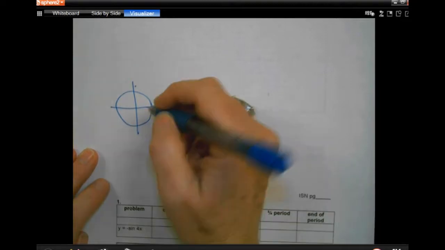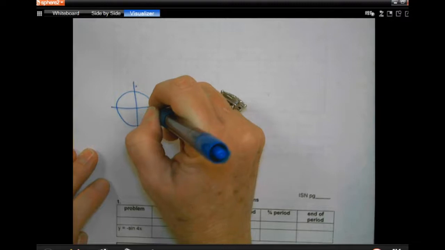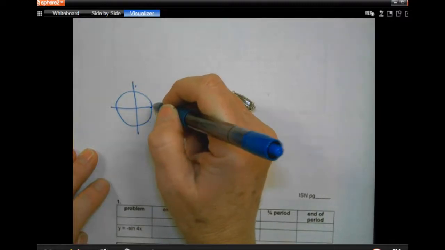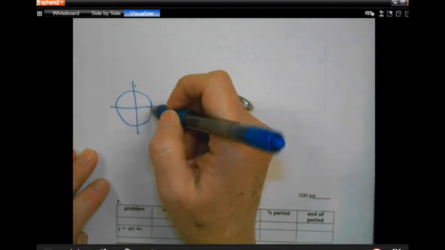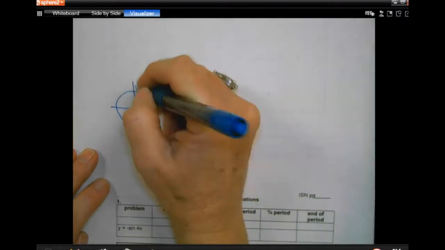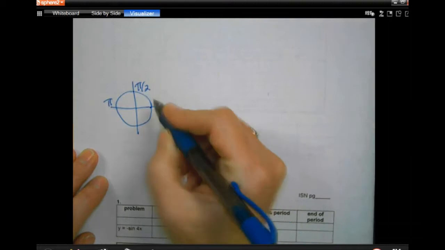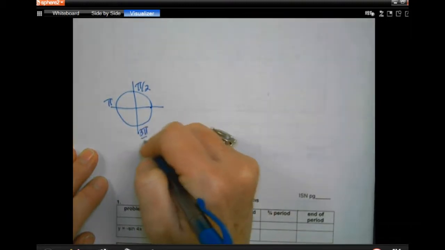First of all, on the unit circle, just the unit circle, I want to know what are the quadrantals. So the first one is 0. No, it's not 1. It's 0. The next quadrantal is pi over 2. The next one is pi, 3 pi over 2, and 2 pi.